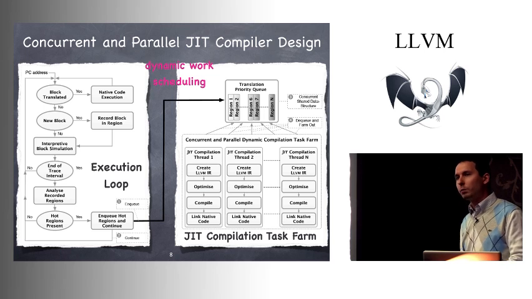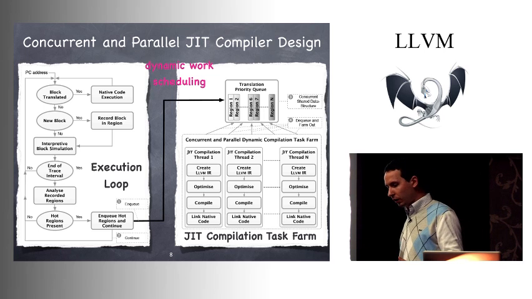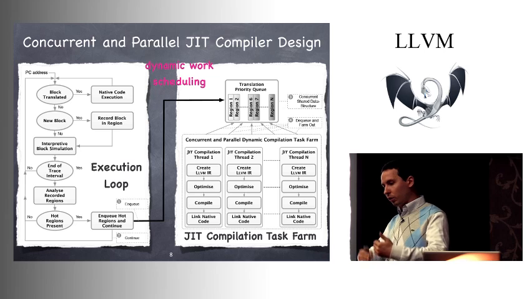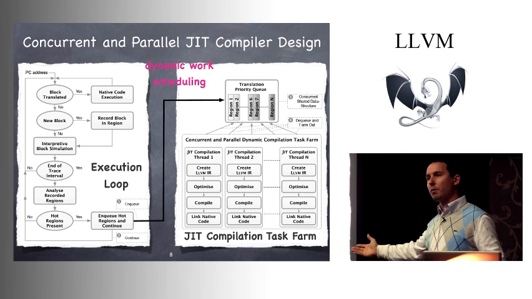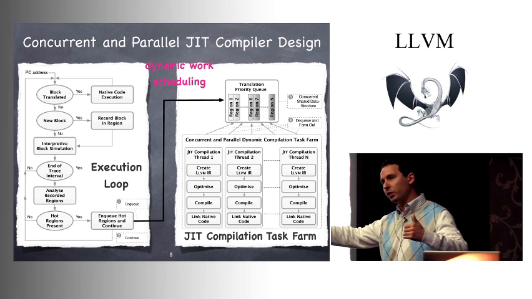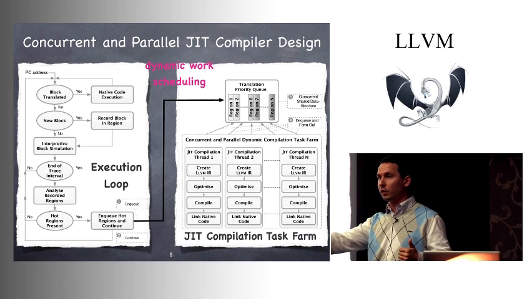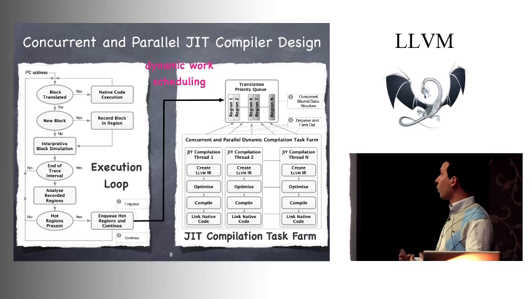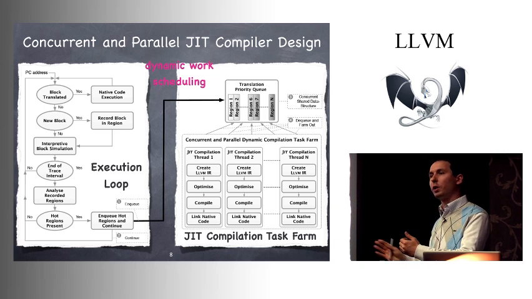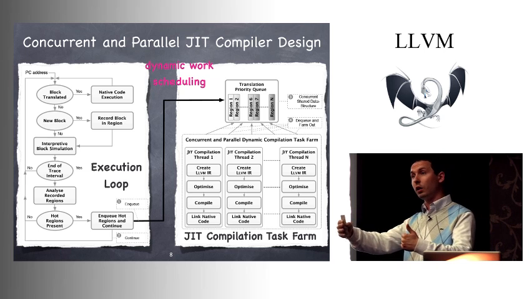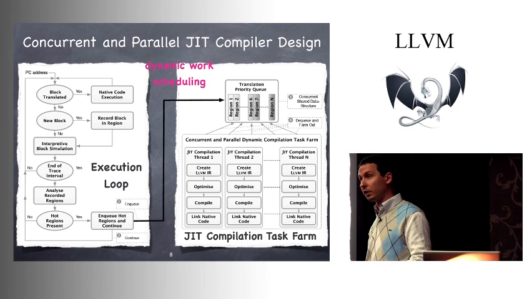Why is that important? Because remember, the system runs concurrently. While you may have dispatched something for the dynamic compiler, your execution may have continued, and you may have entered a different hotspot. So you don't want to waste time compiling stuff that you're not running now. This is why you need some sort of prioritizing here. If new things come along, you need to prioritize them if they're frequently executed.